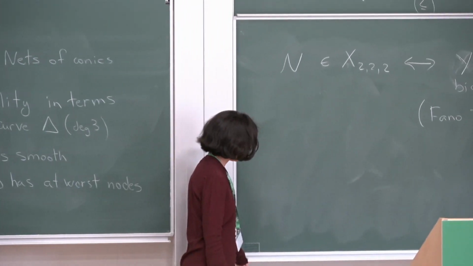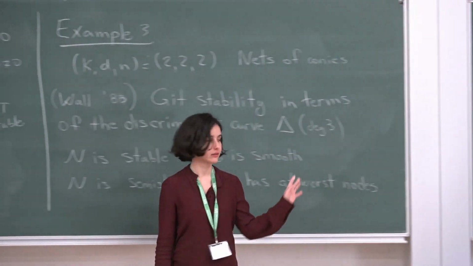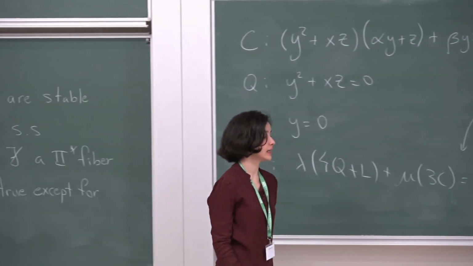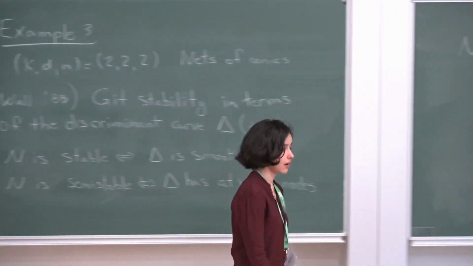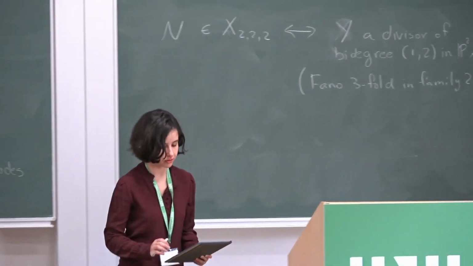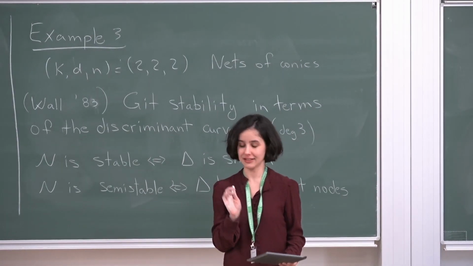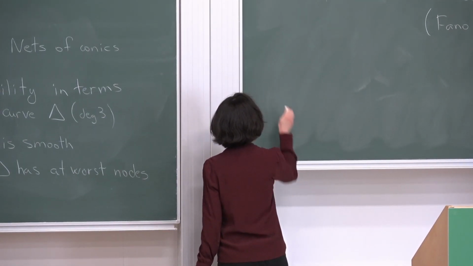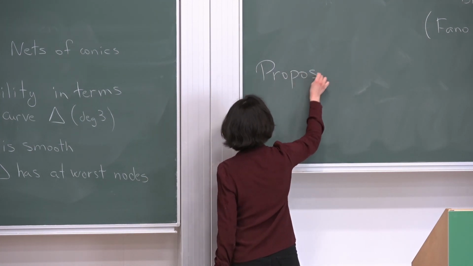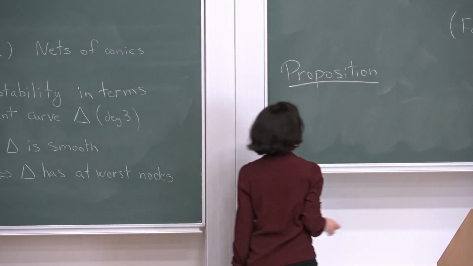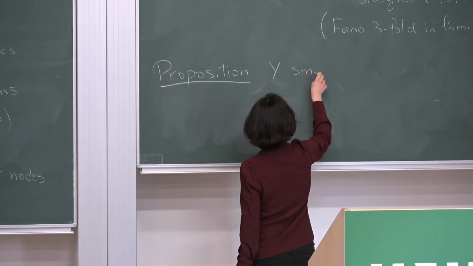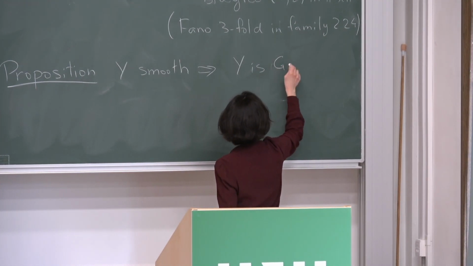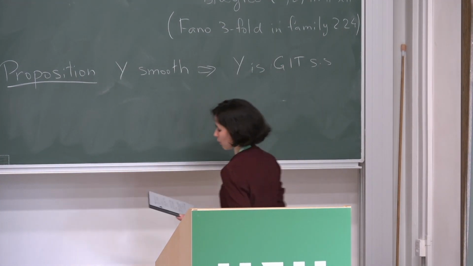And as far as I understand, if you look at the GIT on the right-hand side, it's the same as GIT on the left-hand side. In particular, I can now mention the word K-stability at least once in this talk. So I'm going to state this as the following proposition. If y is smooth, then y is GIT semi-stable.